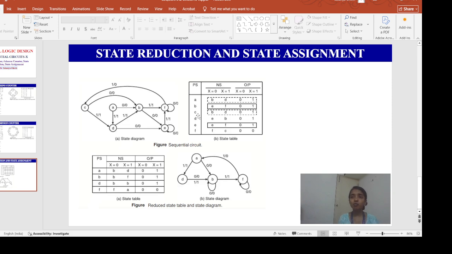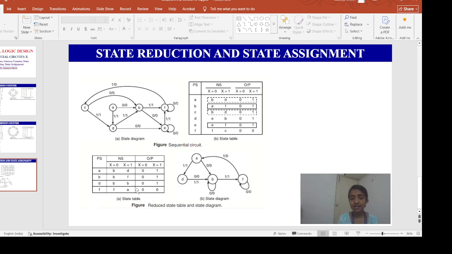So we can easily remove one of them, right? Similarly, for B and E, the input combinations and the output combinations are the same. We can easily remove one of them. Previously we had 6 states. We are removing 2 states, so we are left with 4 states now: A, B, D, F. Further, no more reduction is possible. So this is our final state table.